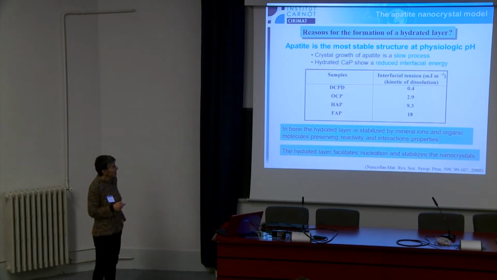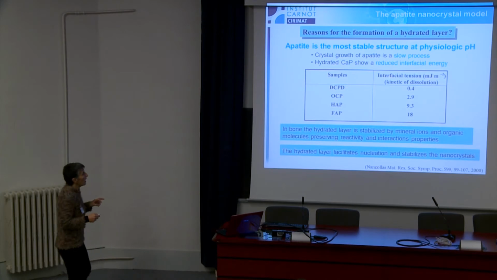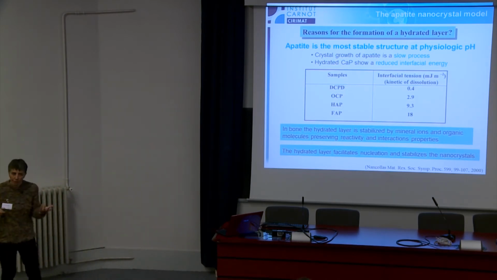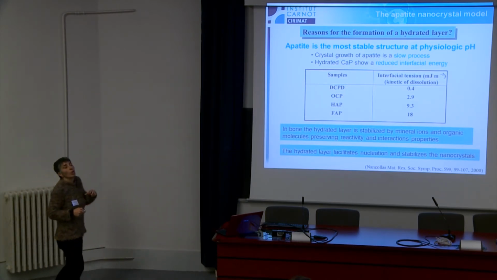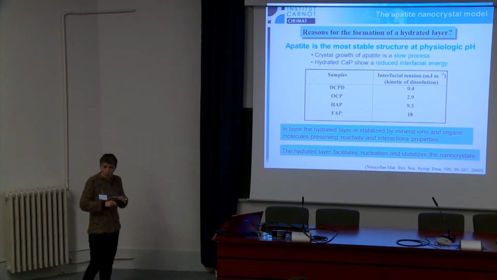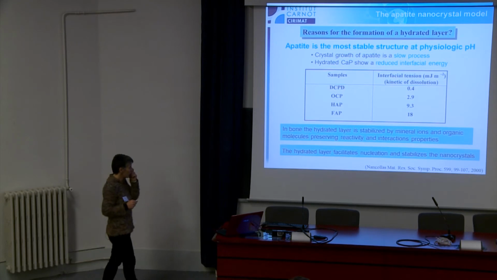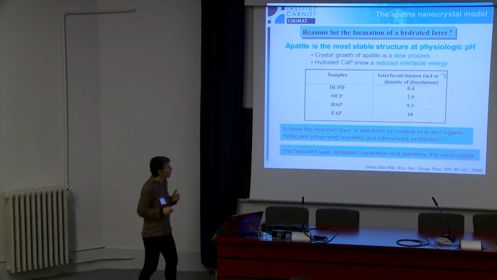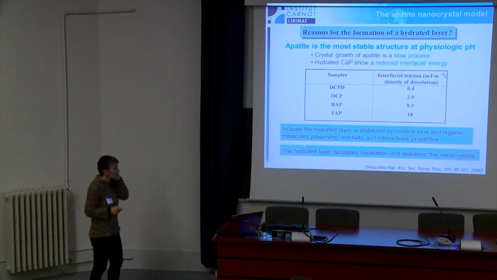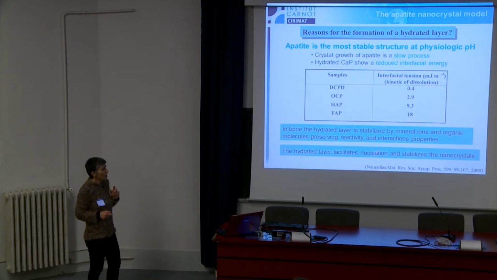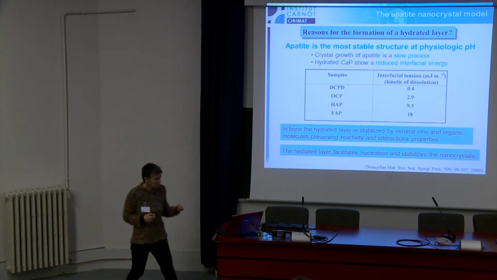So it seems that the hydrated calcium phosphates have a reduced interfacial energy compared to stoichiometric hydroxyapatite, which does not have any hydrated layer at its surface. So it seems that this hydrated layer could stabilize the nanocrystal of apatite.